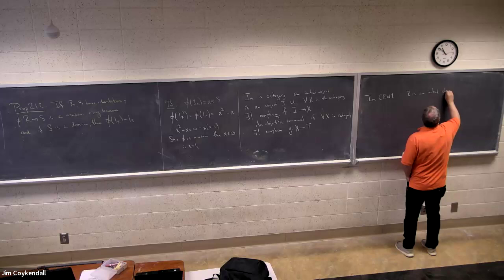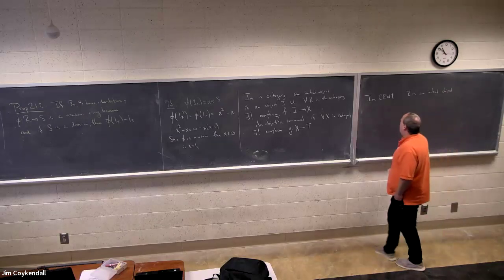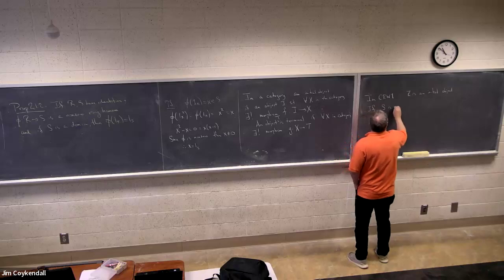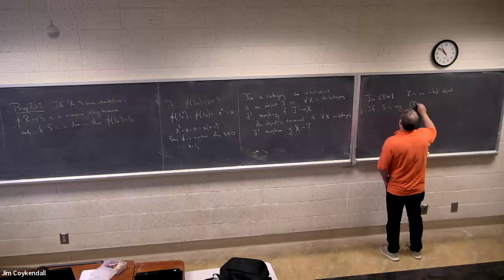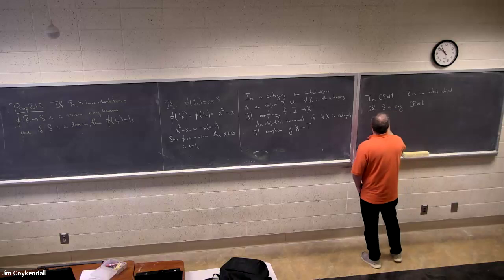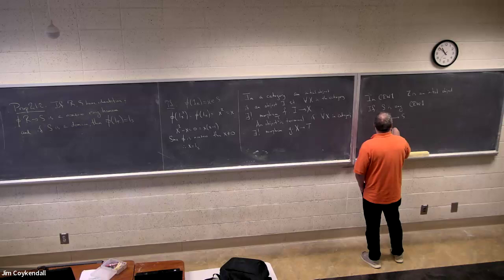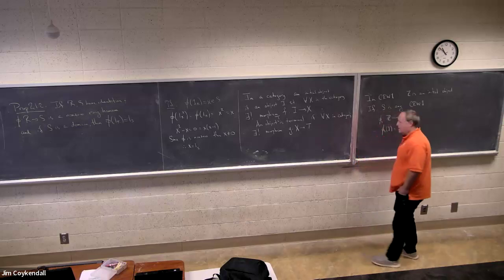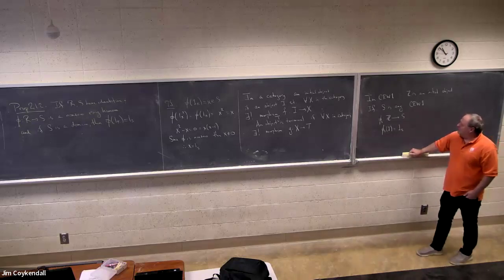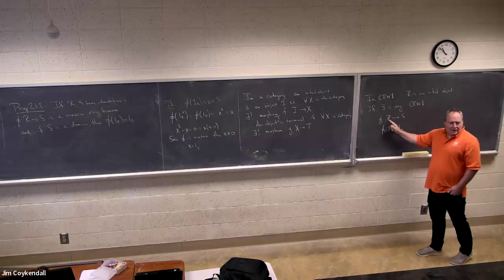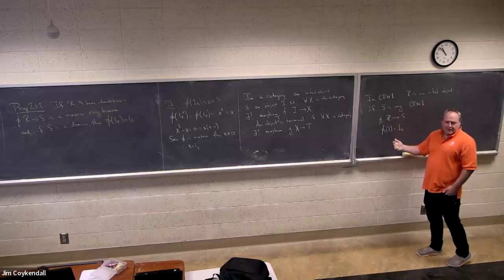You don't have a terminal object. Because if S is any commutative ring with one, then define phi sub S from Z into S by taking the one element of Z to whatever the identity is in S. That determines the entire homomorphism.